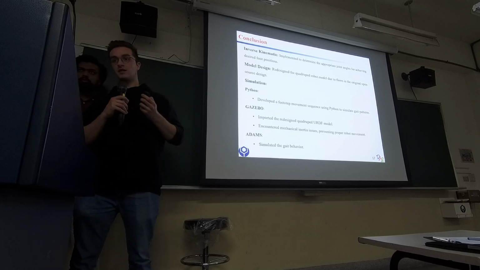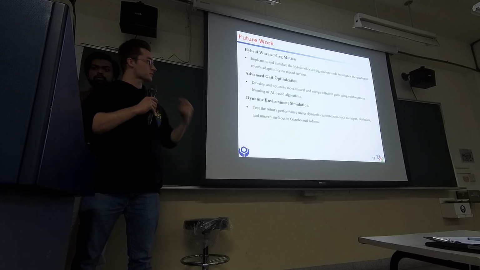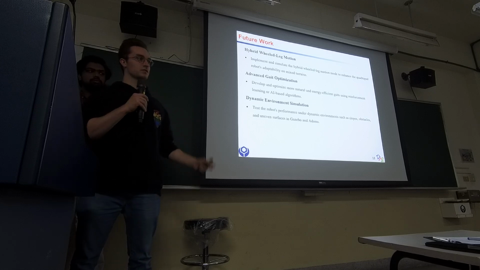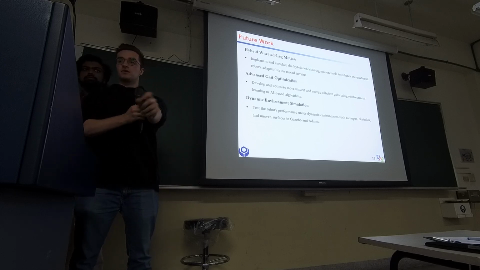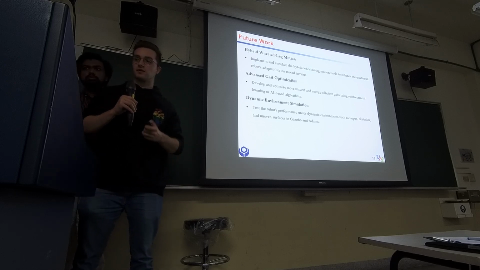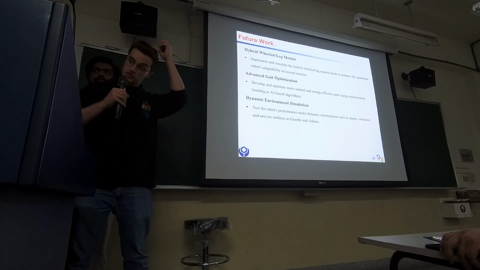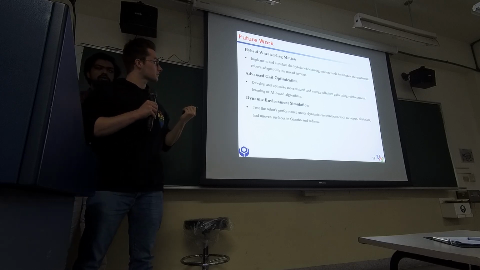And for future work, we want to also implement the wheels that can roll on even surfaces and use legs or both together. And we want to optimize, for example, develop more natural and energy efficient gaits, reinforcement learning, AI-based algorithms.